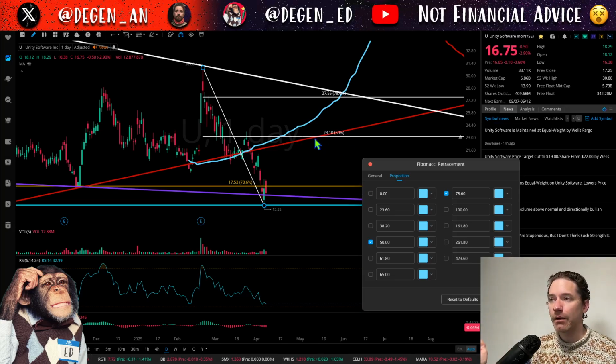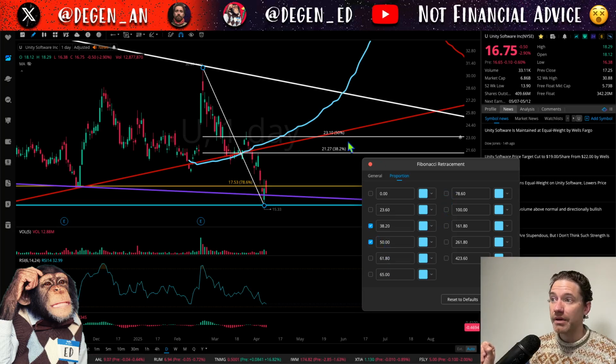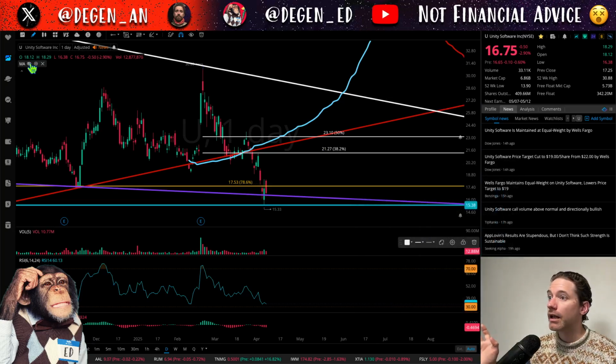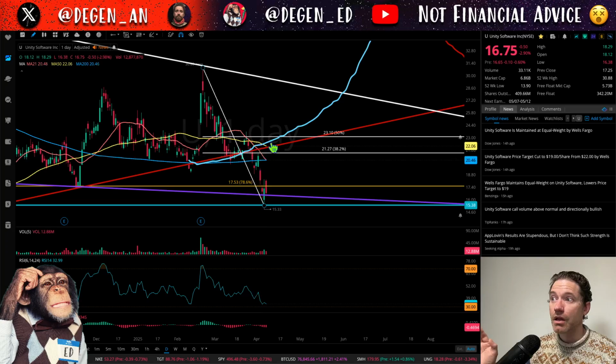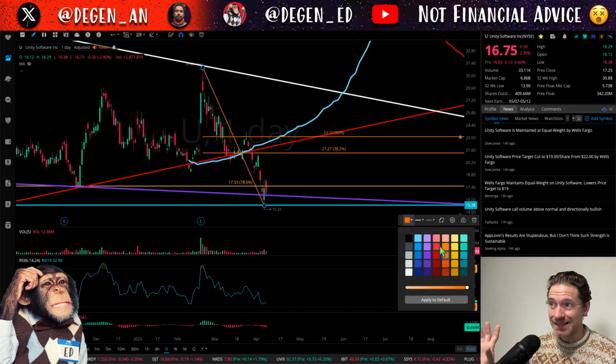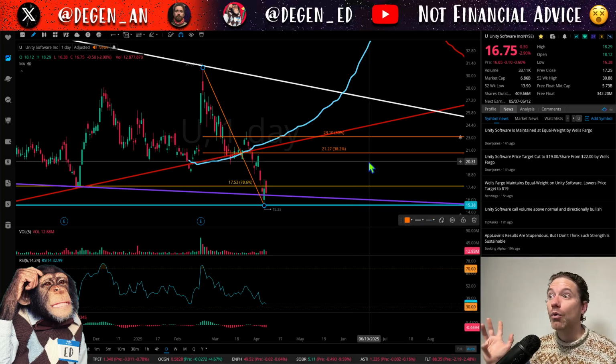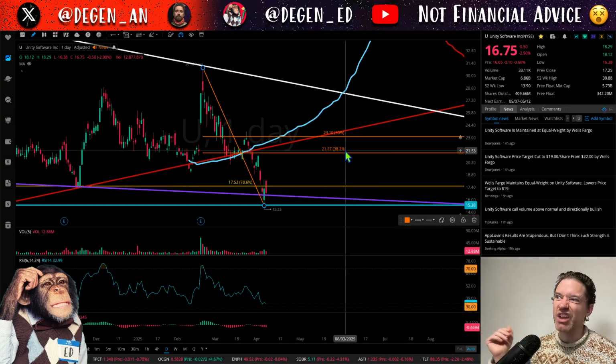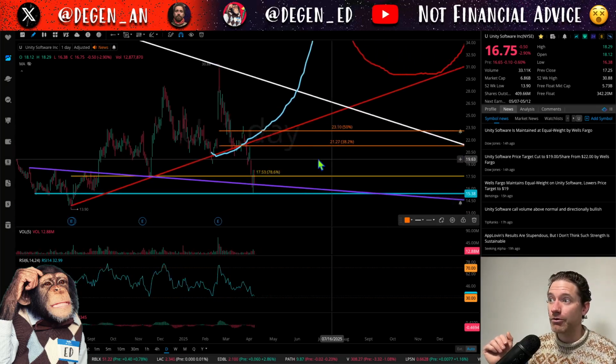That would correspond with a potential rejection from that red uptrend. But let's also put up the 382. That would be at 2127, and that would also correspond with those moving averages right around there. So those are some levels that I think we might be getting rejected from, but maybe we go past them. So I'm just going to make those orange levels to suggest we're getting into rejection territory.